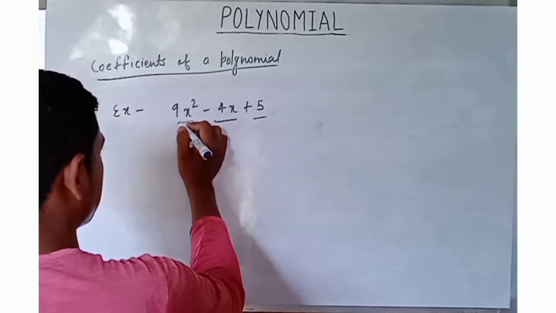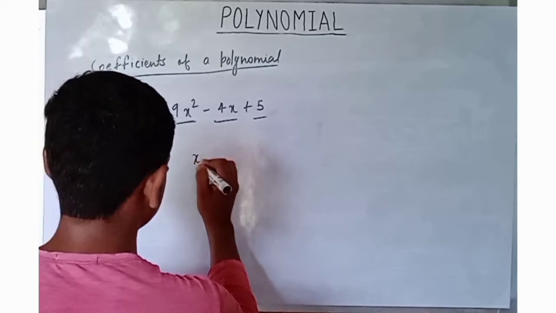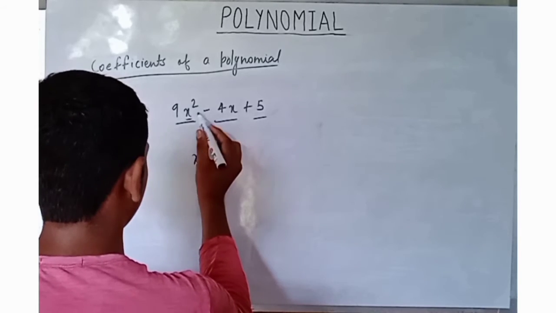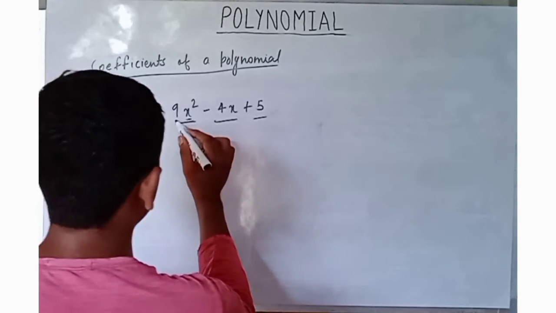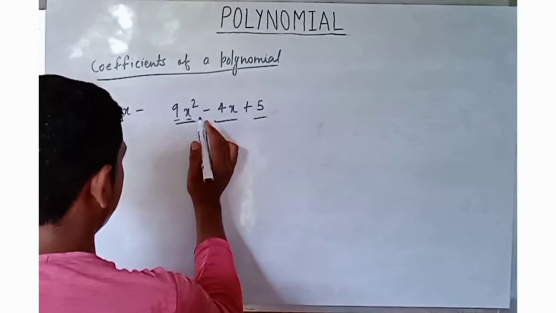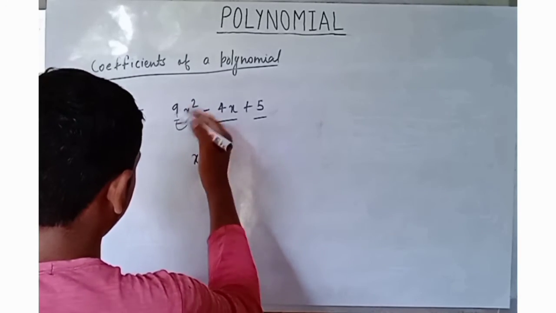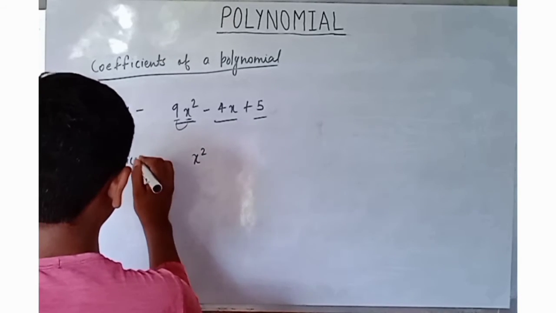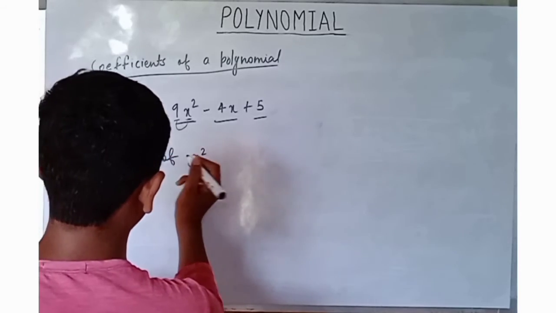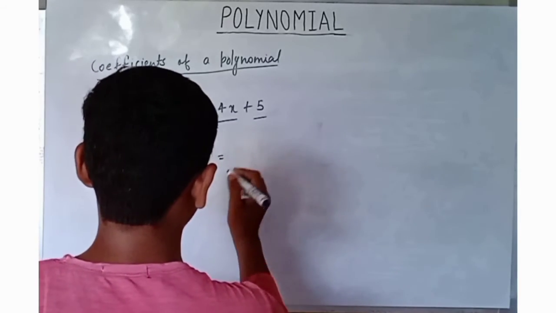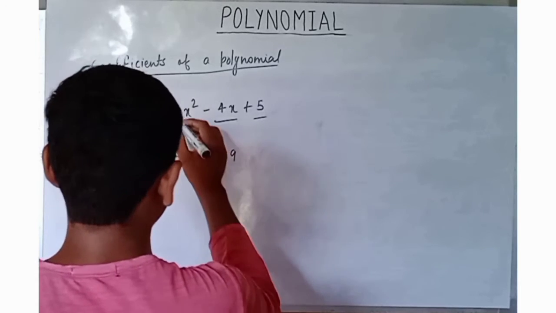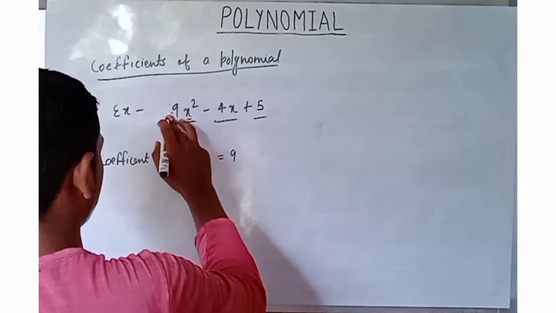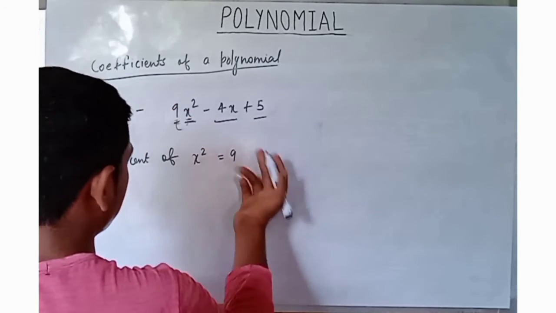So the coefficient of x square: the variable term here is x square, and the constant term connected with x square is 9, so the coefficient of x square will be 9. There is a plus sign here, and you know that we don't need to write the plus sign.